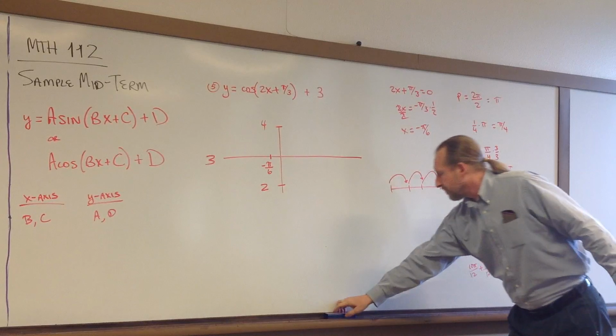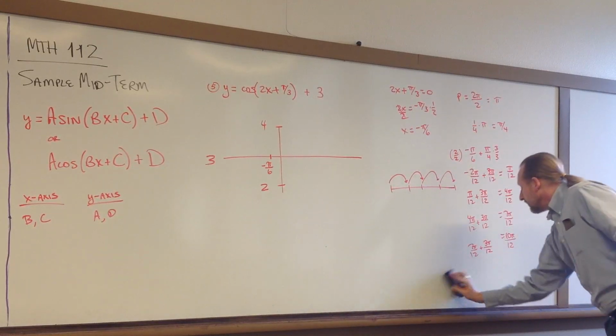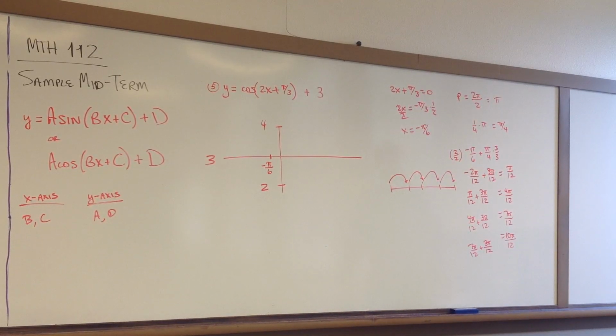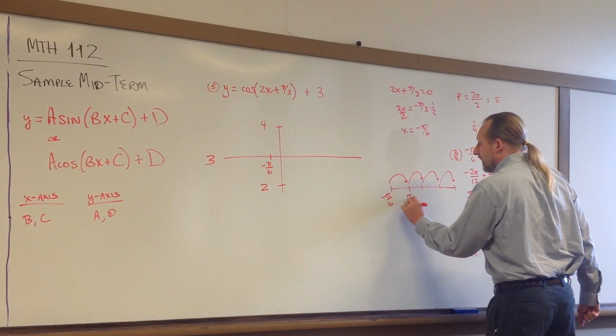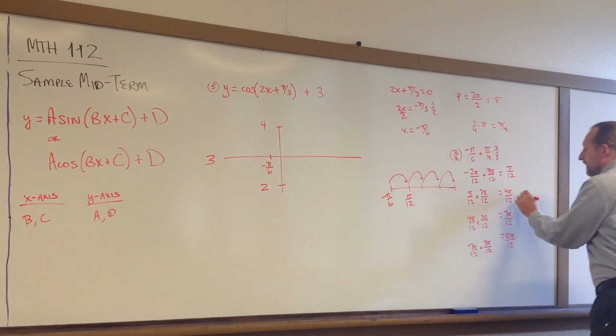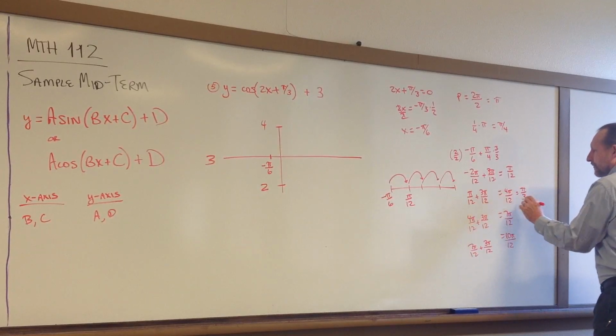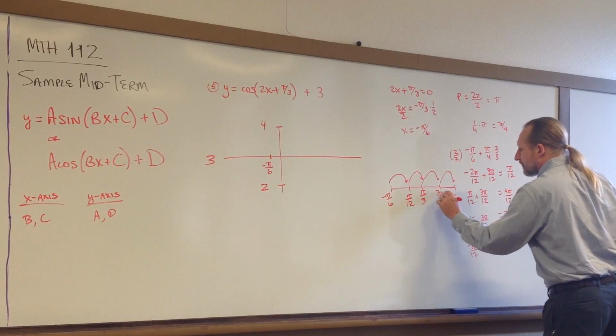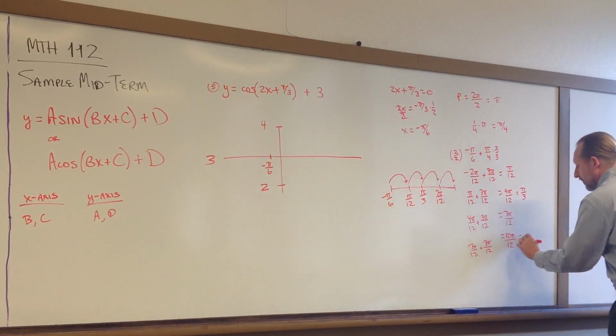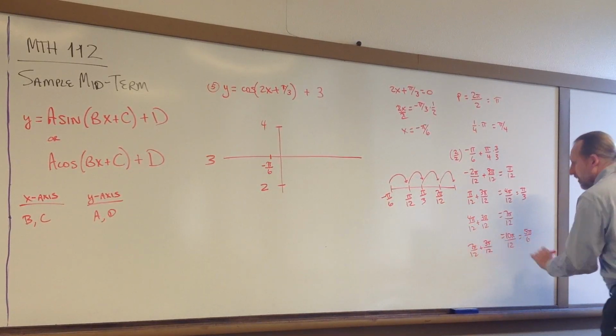Looks like I went one place too far, so we don't need that 13 pi over 12. Let's see. So this is negative pi over 6, positive pi over 12. This is pi over 3, 7 pi over 12, and then this last one, 5 pi over 6.